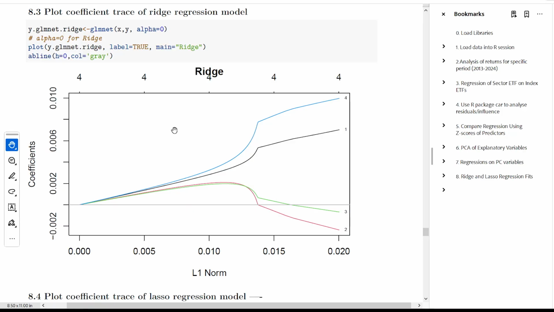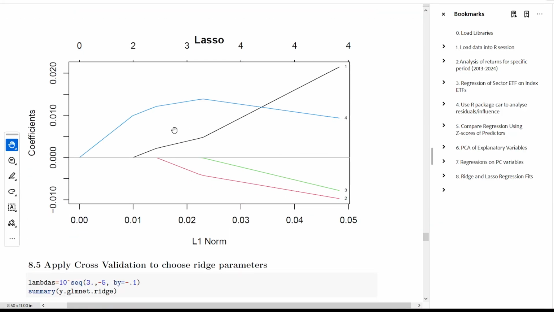But if we increase the penalty, they shrink towards zero, although the shrinkage isn't necessarily monotone. And if we look at the Lasso regression with the same L1 norm scaling, one can see how as that lambda parameter associated with the penalty is increased, the L1 norm of the resulting estimates gets smaller.